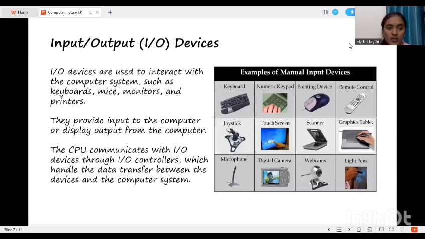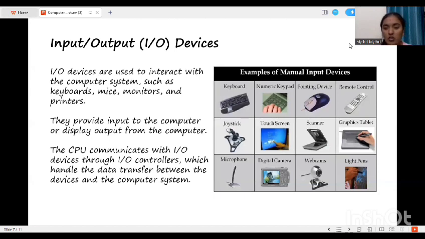Input output devices. Input output devices are used to interact with computer systems such as keyboard, monitor, and printer. They provide the input to the computer or display output from the computer. The CPU communicates with input-output devices through a controller, which handles the data transfer between the device and the computer system.